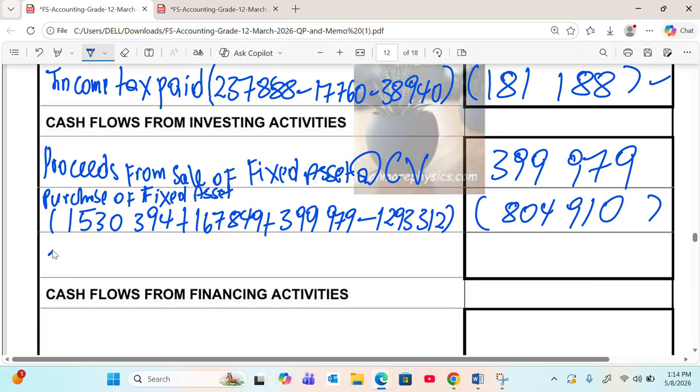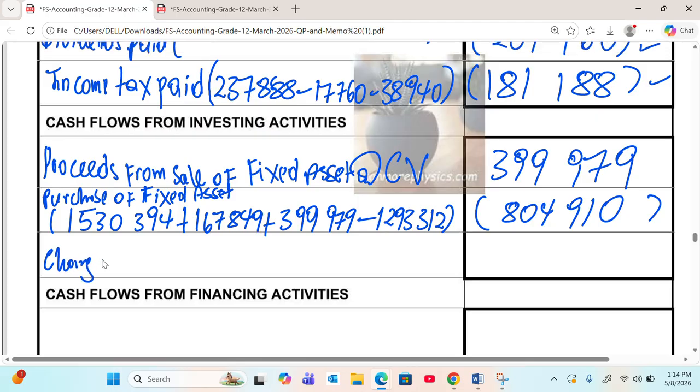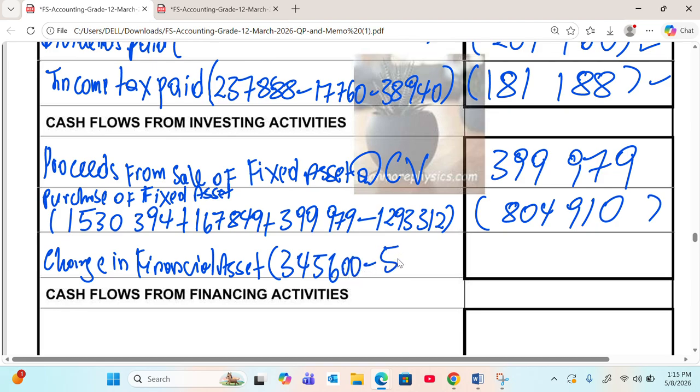We have here change in financial asset. At the beginning of the year, we only had how much? 345,000 money invested. We decided to invest in more money, 559,200.